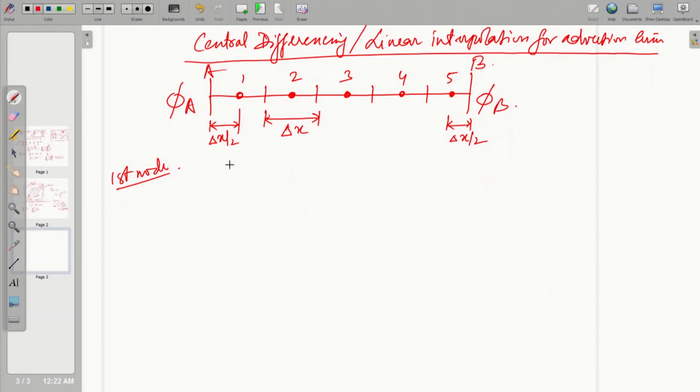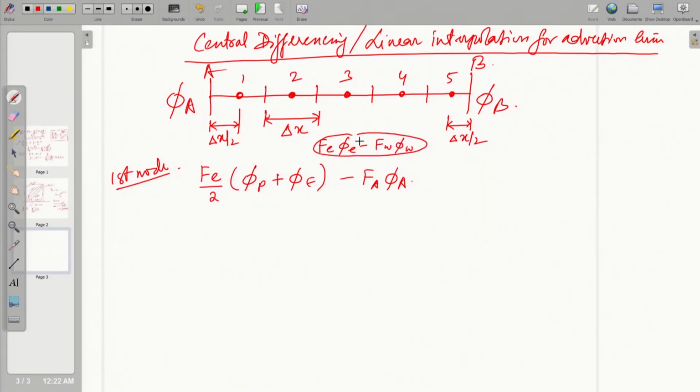We will write this for the advection term. Remember that the left hand side of the equation, what does it have? It has a difference between F e phi e minus F w phi w. This is what the left hand side of the discrete equation has.